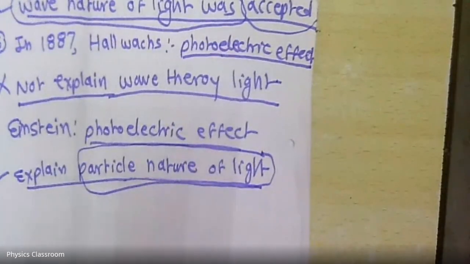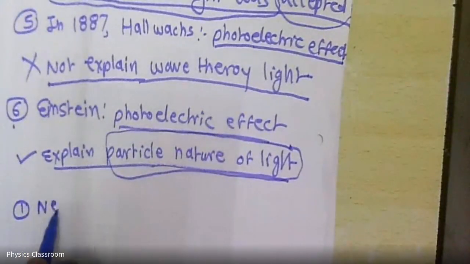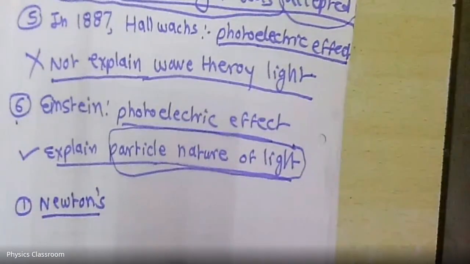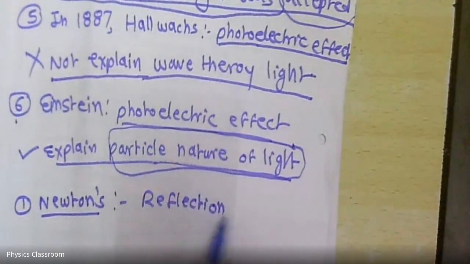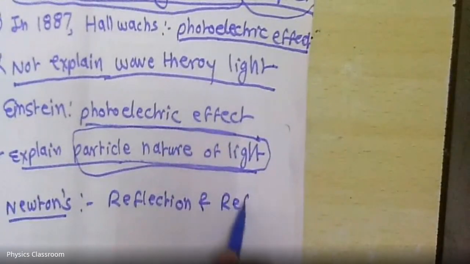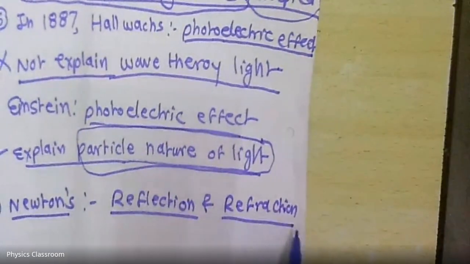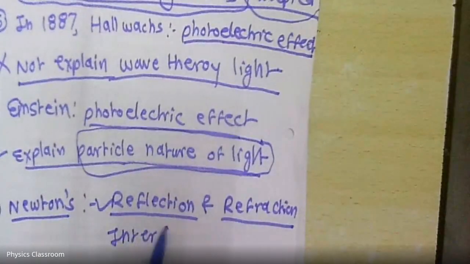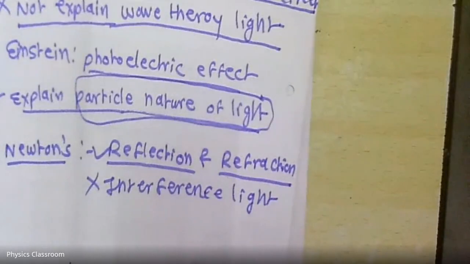Wave particle duality means, as previously explained, the first thing is Newton's corpuscular theory. In it, he explained the phenomenon of reflection and refraction, but he failed to explain interference of light.